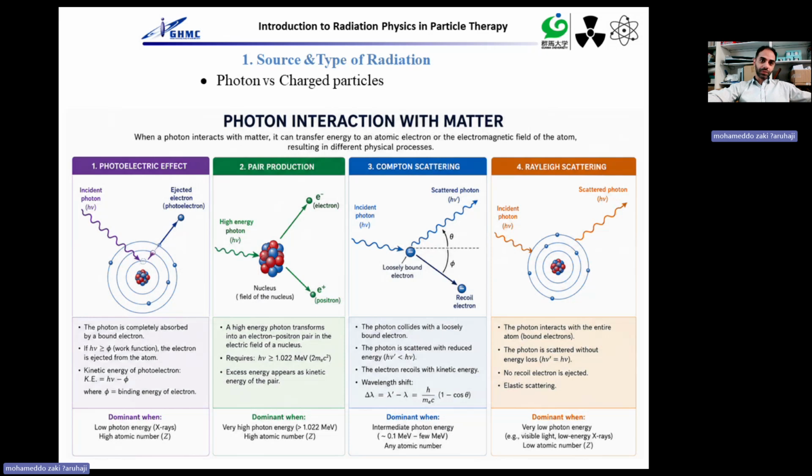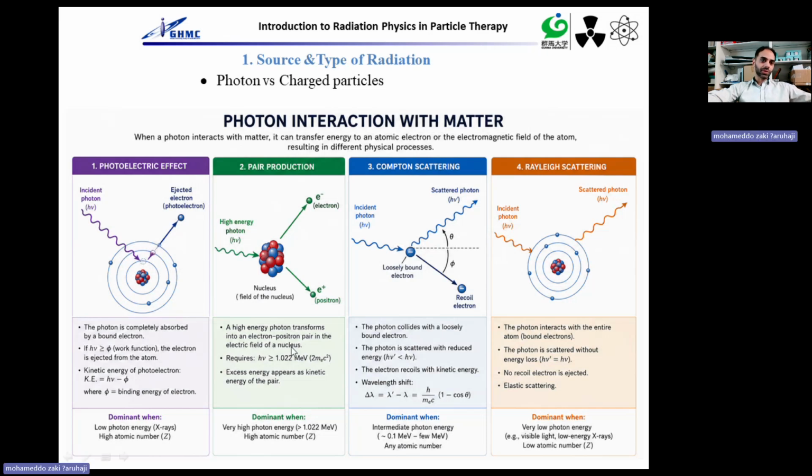So quickly mentioning that the photoelectric effect is the process when the photon interacts with an inner shell of the atom, and then the electron in the inner shell completely absorbs the energy of this photon. The electron will be ejected, and the kinetic energy of this photoelectron will be equivalent to the photon energy minus the binding energy, then an X-ray will appear.